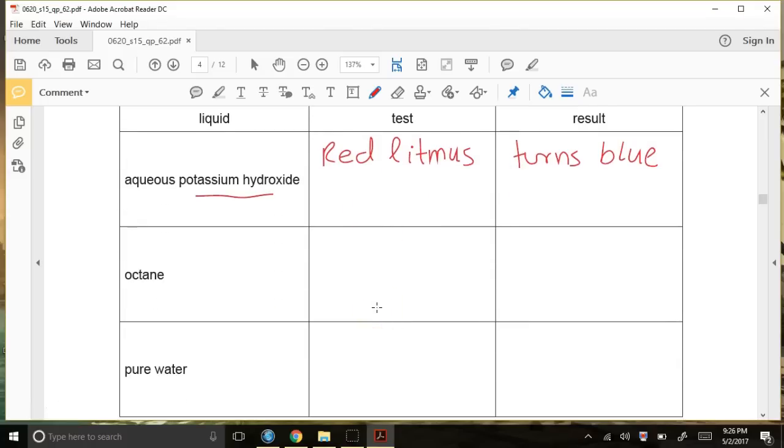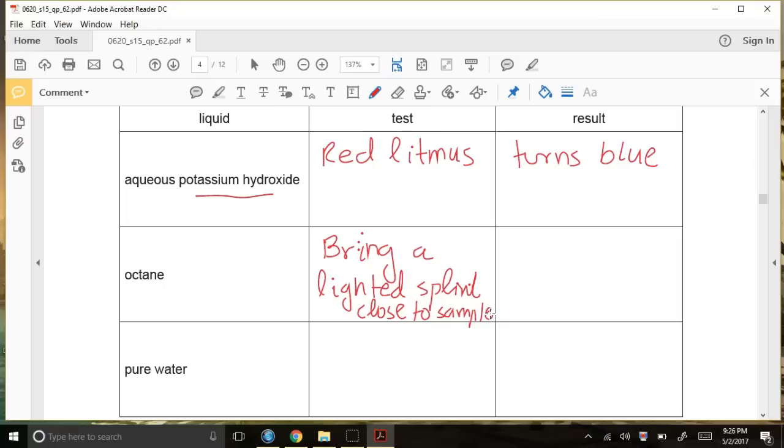Okay, if you look at octane, being a fuel, which means if I try to bring a lighted splint close to it, it will probably catch fire. So what I'm going to do is bring a lighted splint close to the sample of octane.